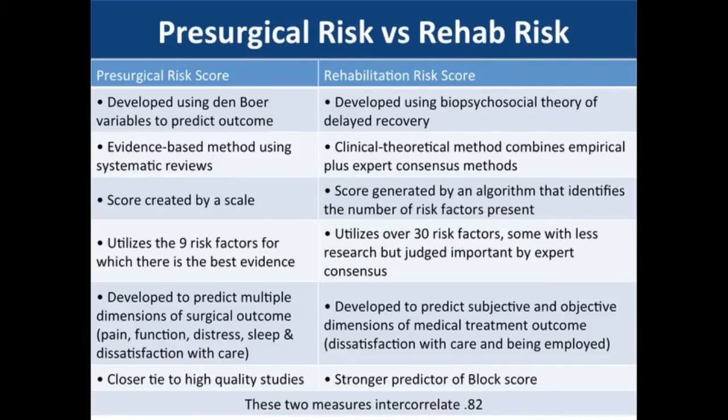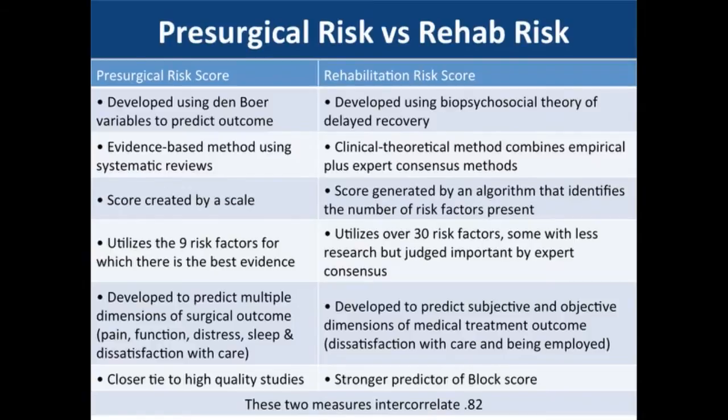The presurgical risk score looks at the 9 or 10 risk factors identified by Den-Boer and Celestin, and rehab risk looks at over 30 risk factors. Some have less research, but are judged to be important by expert consensus. The presurgical risk was developed to predict multiple dimensions of surgical outcome: pain, function, distress, sleep, and dissatisfaction with care.